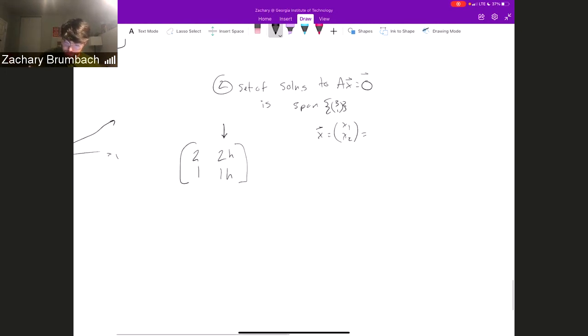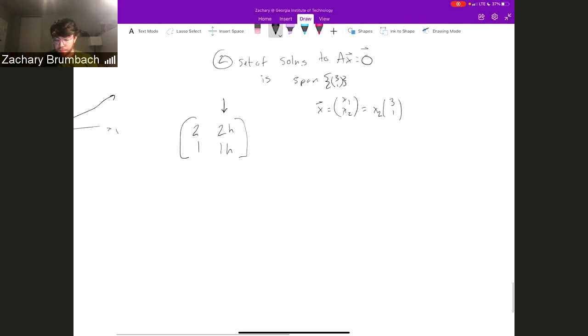So to get from the span of 3, 1 back, it's 3, 1 times X2, because we're not going to have a span in terms of X1 for a solution set. They just worded this a little poorly, I would say.